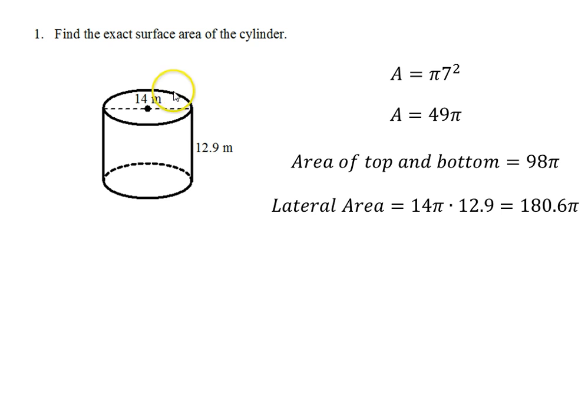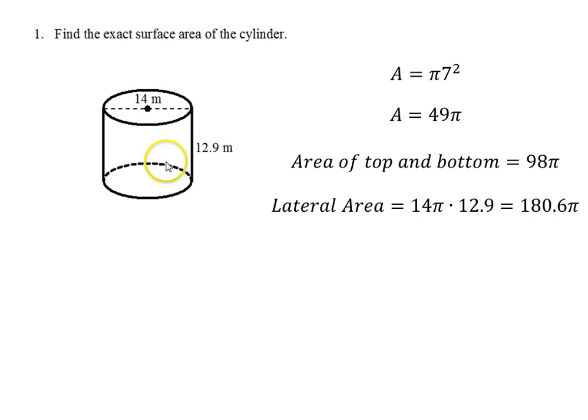And the distance around a circle is called circumference. And the circumference is found by pi times the radius times 2. And the radius times 2 is 14, and we multiply that by pi. So this 14 pi is the circumference of the circle, and the 12.9 is the height of the rectangle that's being wrapped around. Therefore, the lateral area of the cylinder is 180.6 times pi.